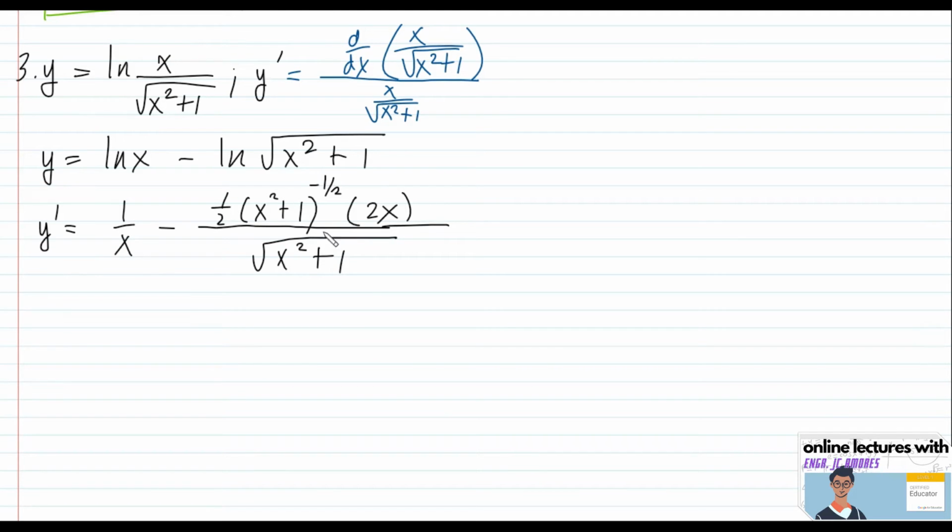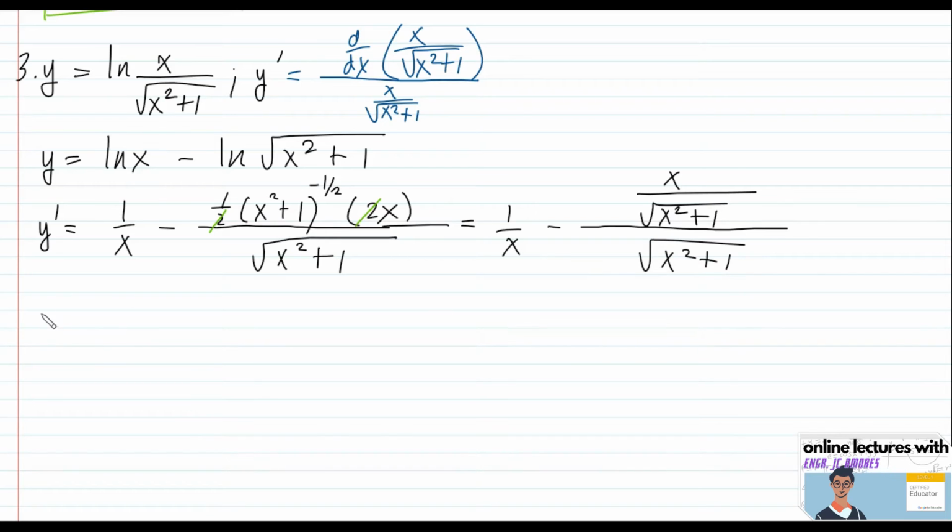So we can cancel out 2, and we can continue simplifying this. 1 over x minus, in the numerator we'll have x over the square root of x squared plus 1, and then all over x squared plus 1.